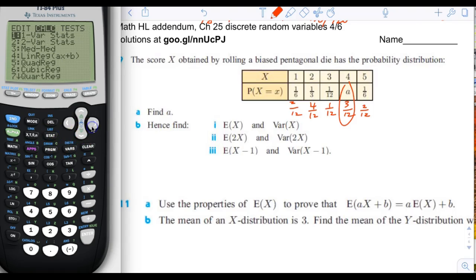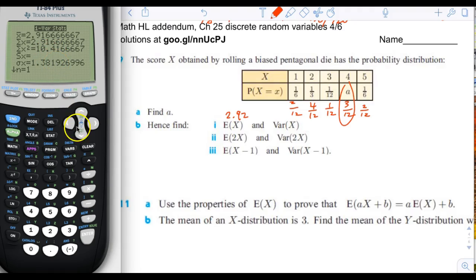And we're going to do stat calc, one of our stats, L1, L2, and the mean is 2.92. And the variance is sigma 1.38, and we're going to square it.